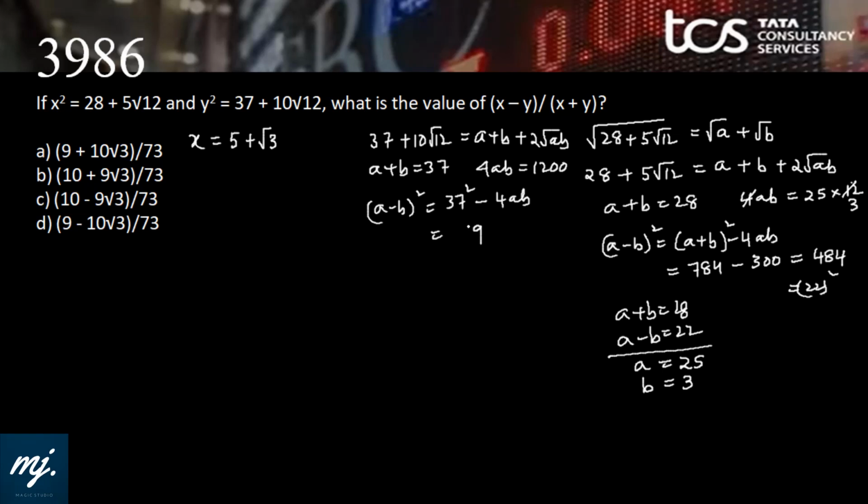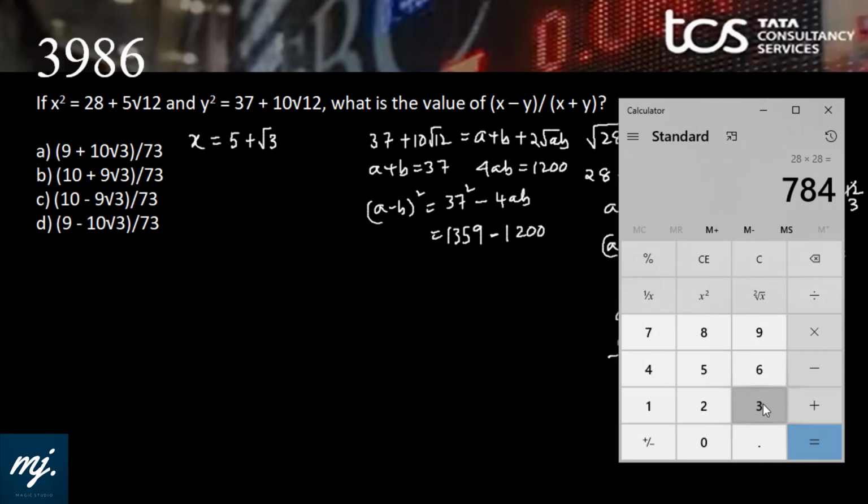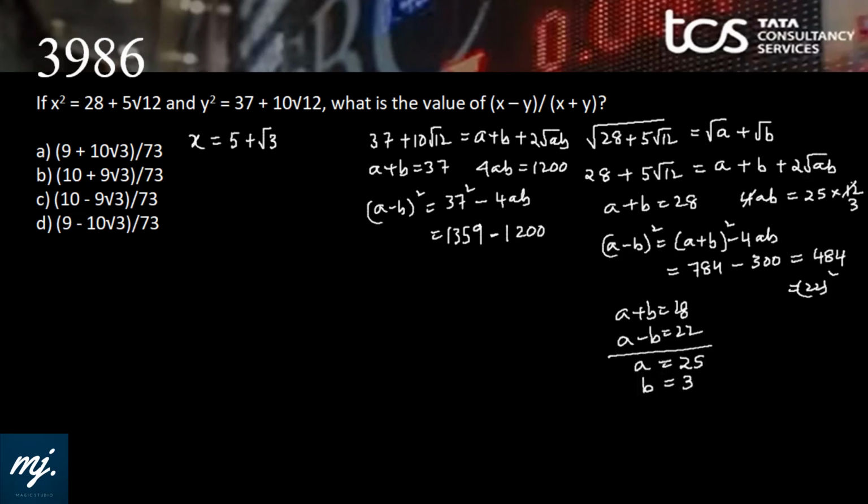Let me check whether I have done it correctly with 37 square. 37 square is 1369, minus 1200, that would be 169. That means a minus b is 13, a plus b is 37. Add up, a would be 50 by 2, that is 25, then b is equal to 12.